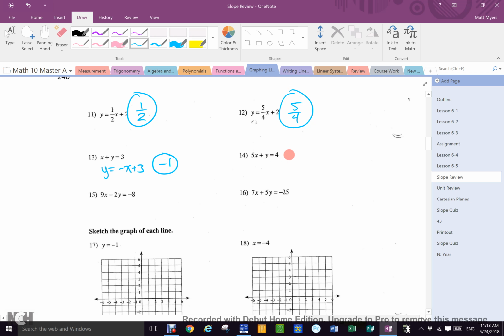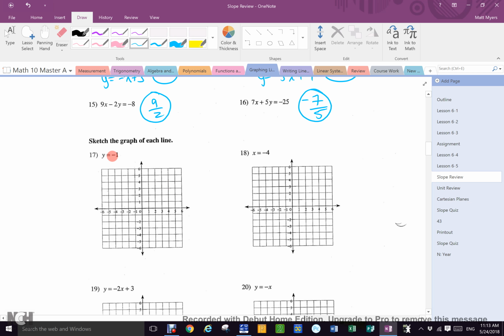This one, the slope is y equals negative 5x plus 4, so the slope is negative 5. This one, the slope is 9 over 2. This one, the slope is negative 7/5. Does anybody need any of that explained? Excellent.